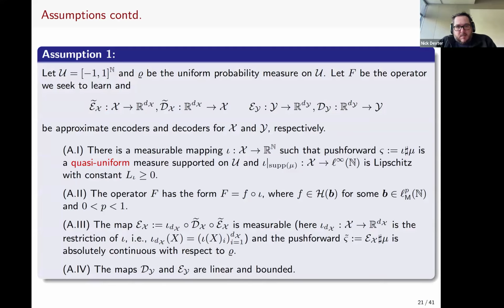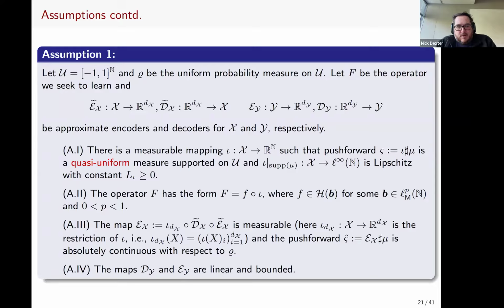These assumptions are somewhat heavy, but I assure you, as you'll see in the next slide, they're kind of standard. Let's say we're working again in the setting of -1 to 1 to the n, and rho is a uniform probability measure on U, and we have F as an operator we're learning. Then we have E tilde x taking x to R^dx, and D tilde x taking R^dx to x, and then E_Y taking y to R^dy, and D_Y taking R^dy down to y.